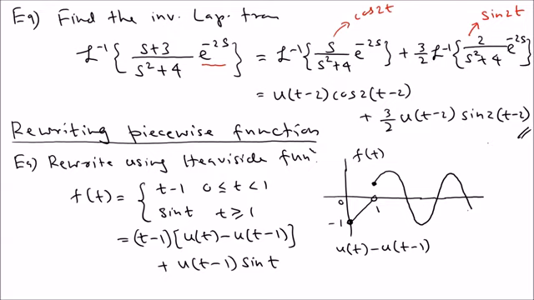And if you want, you can even combine them into one function. For example, there's only one u(t) function, so you can write this as t minus 1 times u(t), and then there's a t minus 1 here and also sine t, which is positive, so we can write plus 1 minus t plus sine t times u(t-1), as two separate u functions.